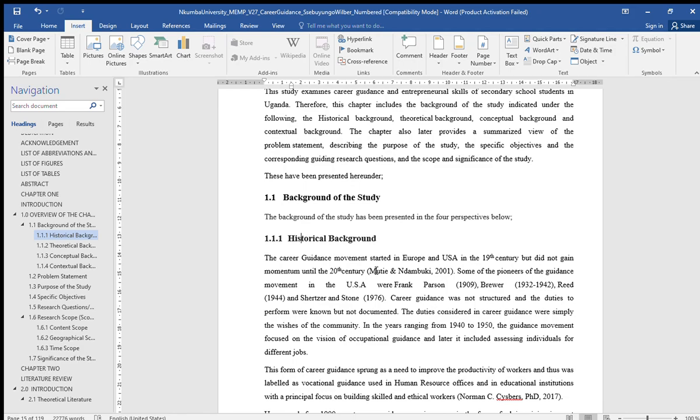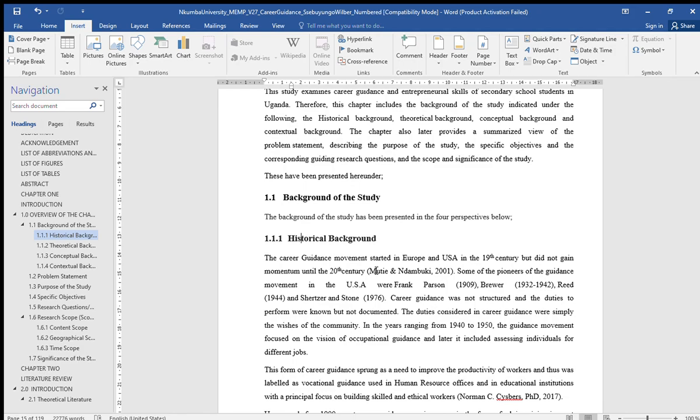Okay, what? That's the independent variable. Where did it start? Who started it? And which year did it start? We should hear those ones in the historical background. Which year?